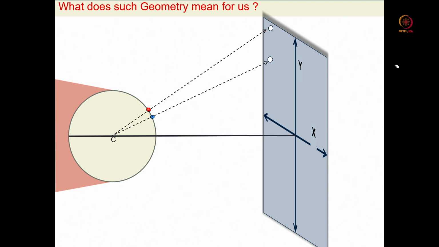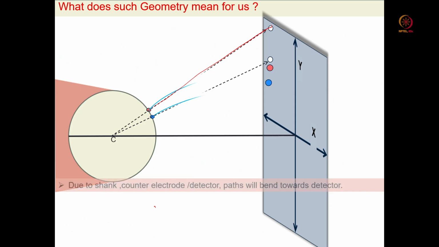As we discussed in the last class, by the reverse projection model, it appears that an atom on the surface has to go along the field line perpendicular to the tip surface and hit the detector, fine? But usually this is not the case.